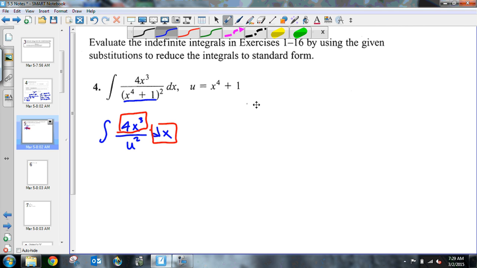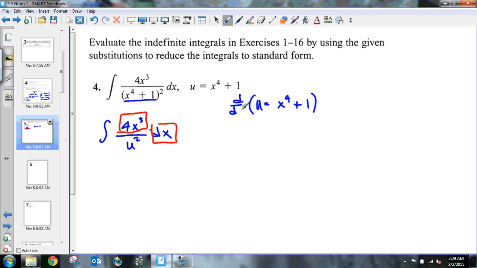So what I have is that u is equal to x to the fourth plus 1. Now, if I took the derivative with respect to x of this inside function, d/dx, I would get that du/dx, which is the same thing as u prime, is equal to 4x cubed. Now, here's an interesting thing, and it's something that we really haven't talked a whole lot about lately: I can take this derivative and express it in terms of the differential of u, and I can multiply both sides by dx.